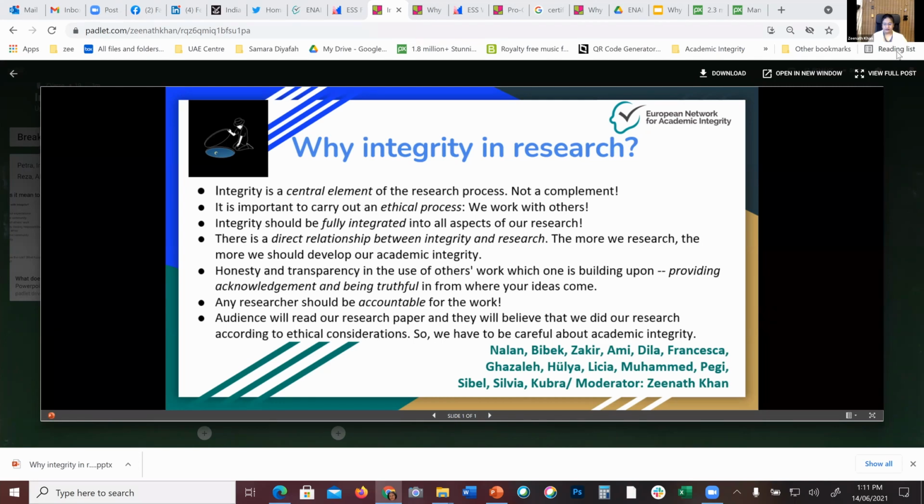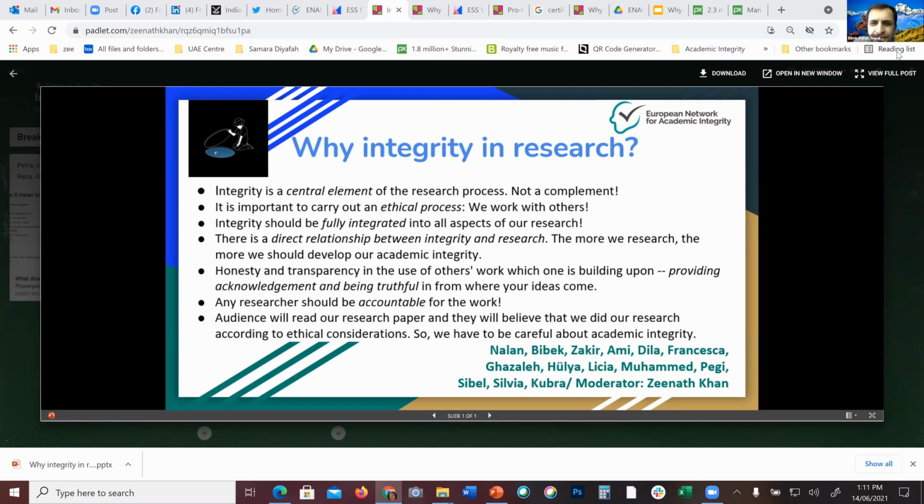Okay. Yeah, we have discussed why integrity is important in research, and we have reflected on our experience individually and written down some notes, and here you can see. The second one is we have discussed what differences we found by maintaining integrity in research in our experience, especially.